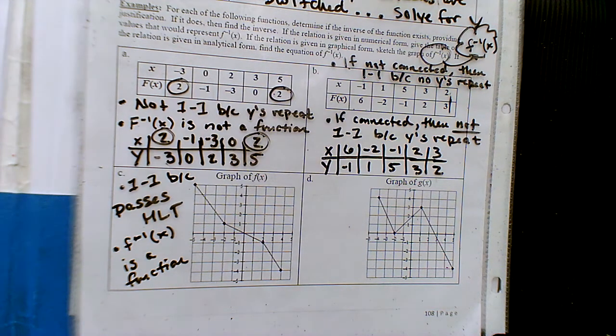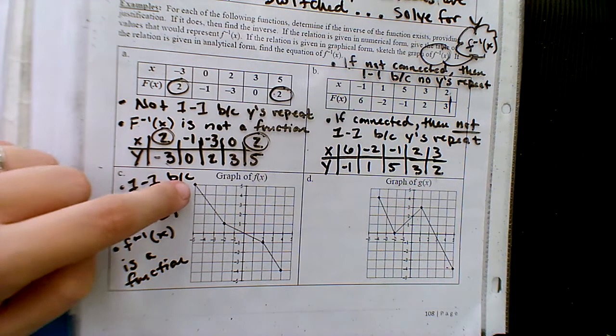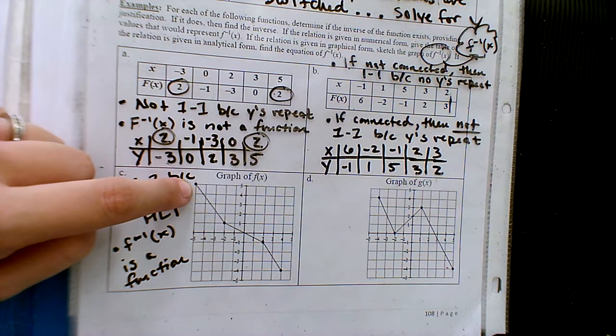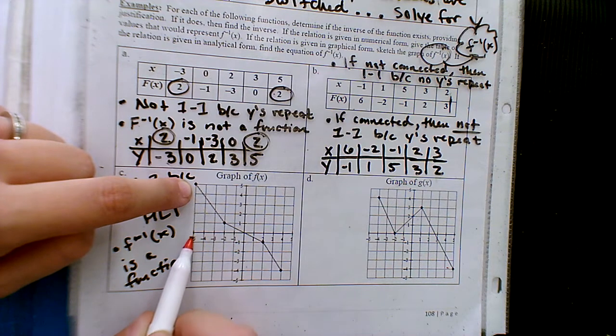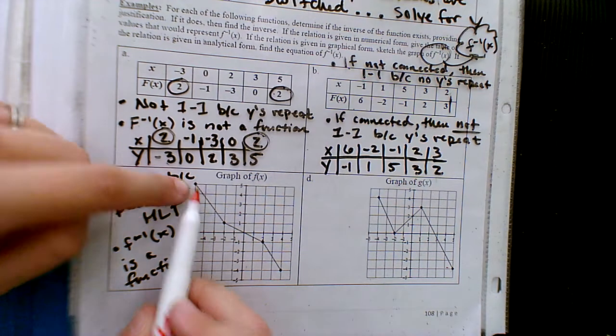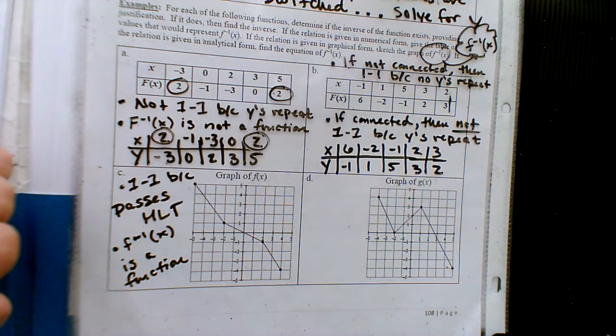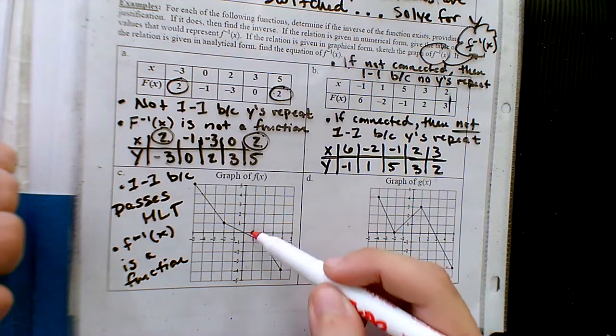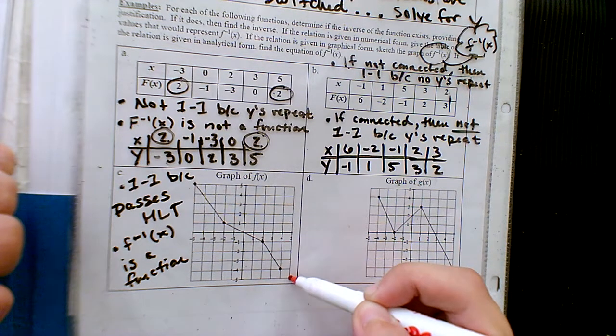So let's see what this inverse graph might look like. Whatever it looks like, it should pass the vertical line test because we now know it's a function. So we're going to switch the x and y coordinates. For example, this first point in the corner, if its ordered pair is (-5, 5) and you switch the x and the y, it would now become (5, -5).